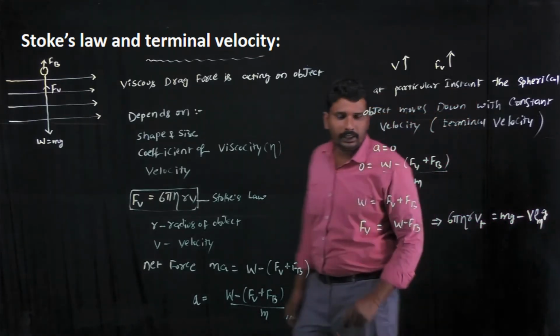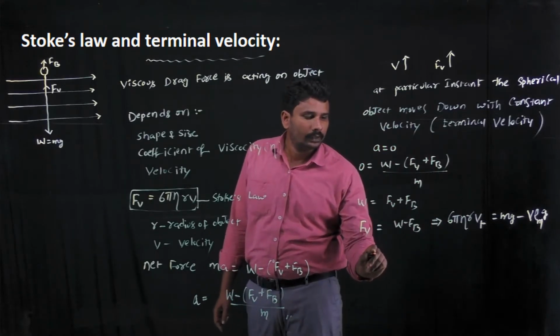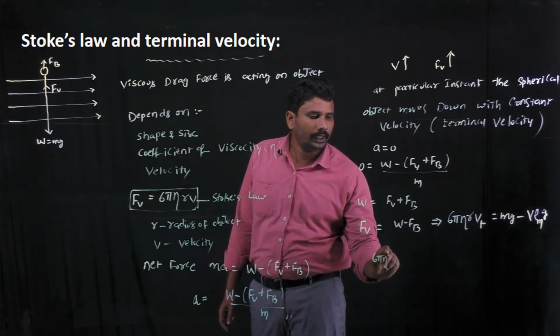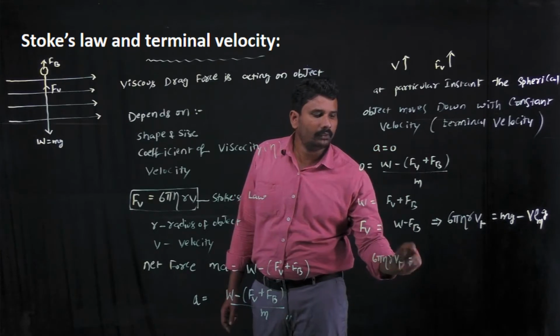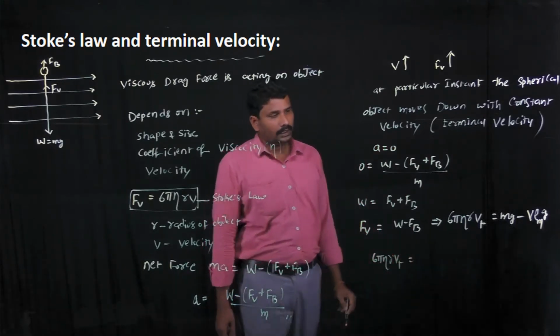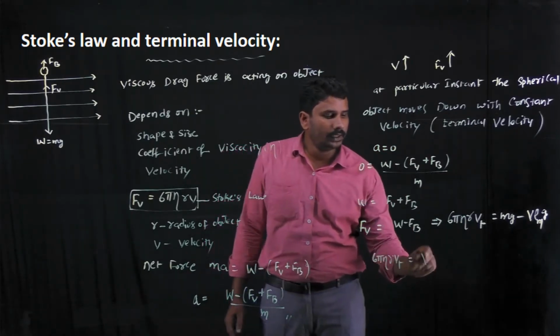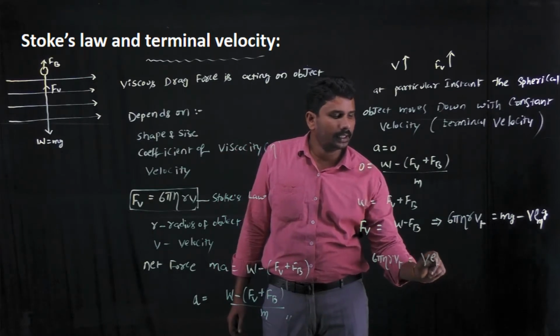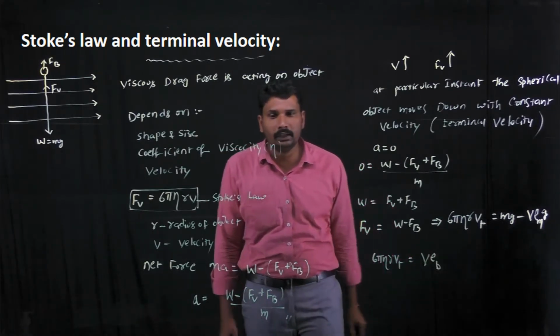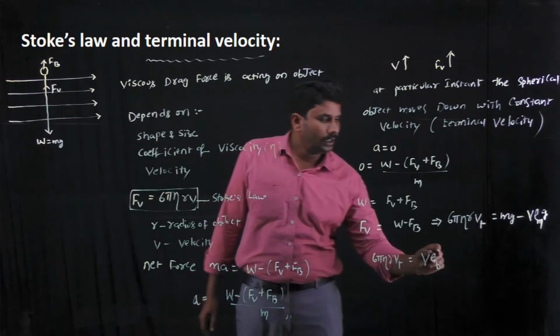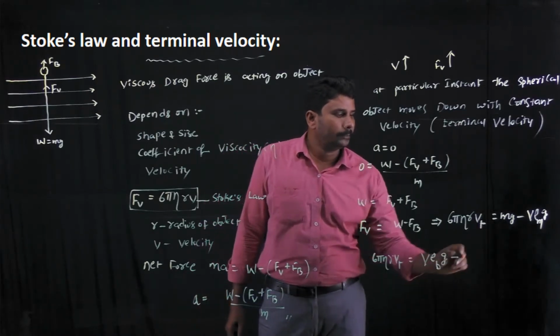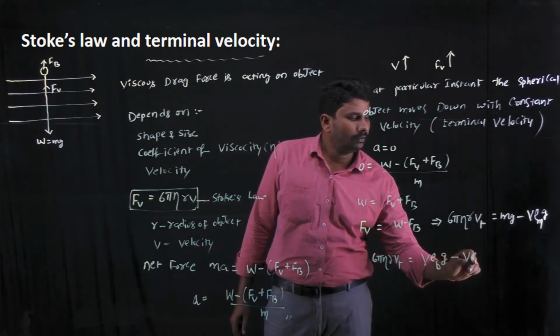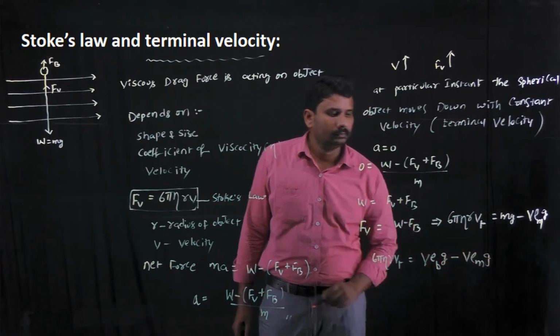By solving, 6 pi eta r vt equals mass, which is volume into density, here the density of the spherical ball, the density of the body, into g, minus volume into density of the medium into g.